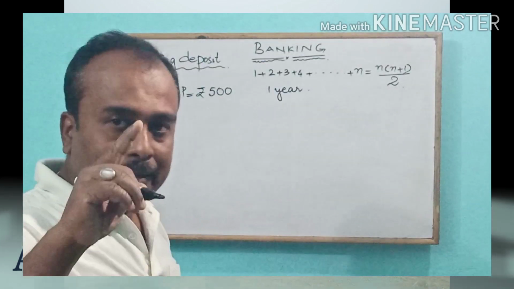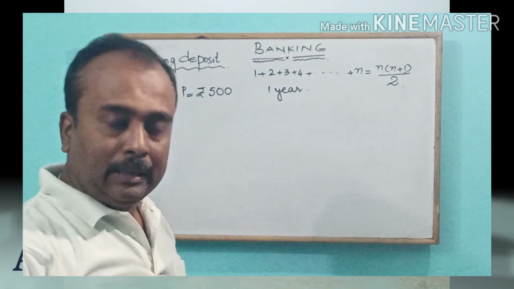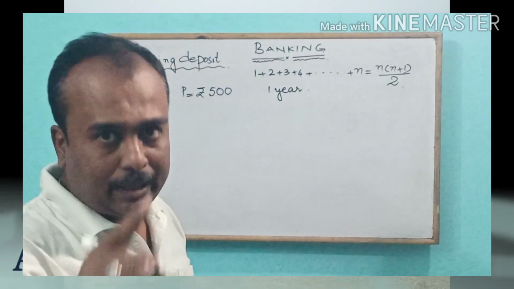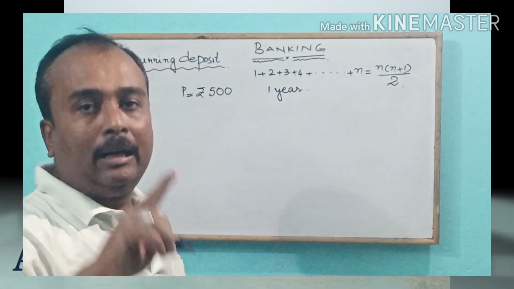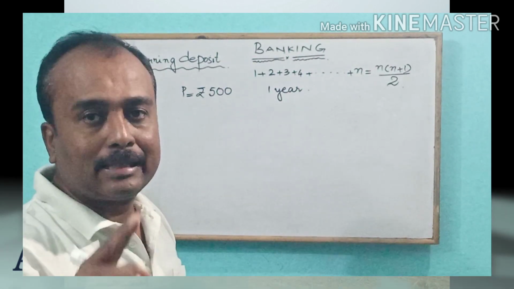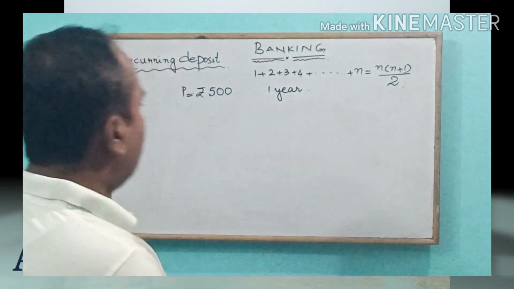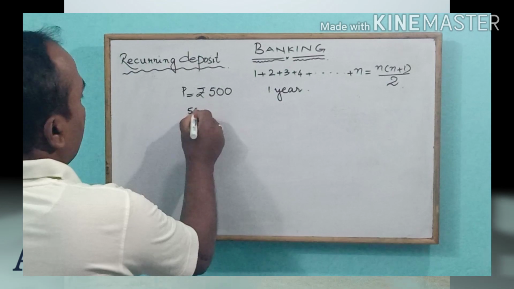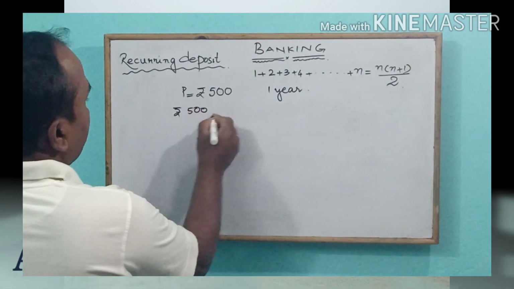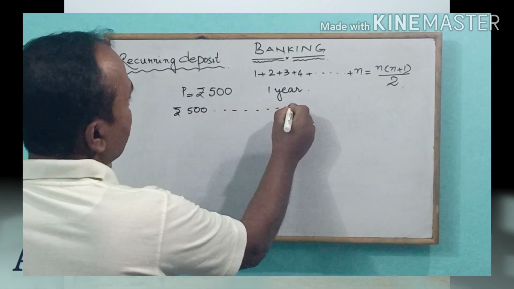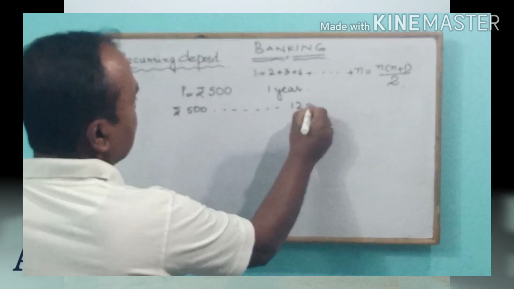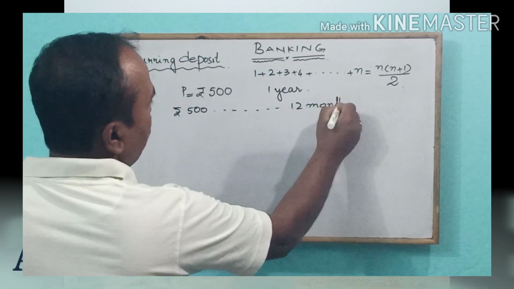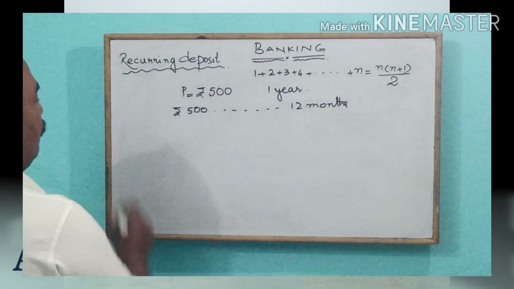That means the first month he pays 500 rupees, which is kept for the whole year. Then again 500 rupees is kept for the next 11 months, then 500 rupees for the next 10 months, and so on. That means 500 rupees is paid for 12 months, the first installment.